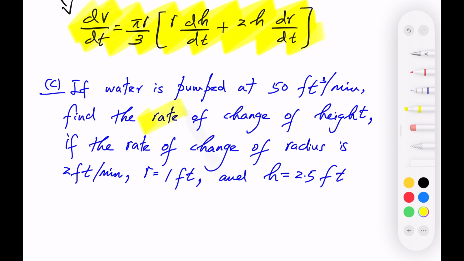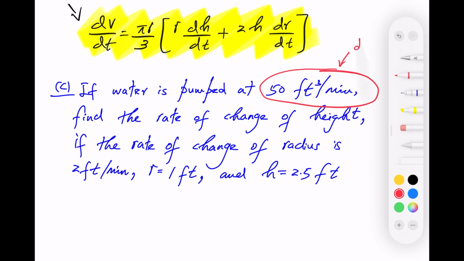Rate of change of height is dh by dt. We need to find the quantity right here. Other things are given. We are given the information that the water is pumped at 50 cubic feet per minute. That quantity should be equal to dV by dt. We need to find the rate of change of height.